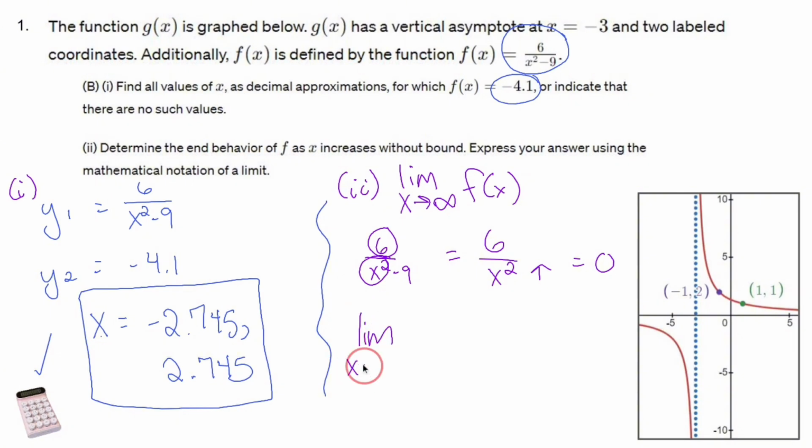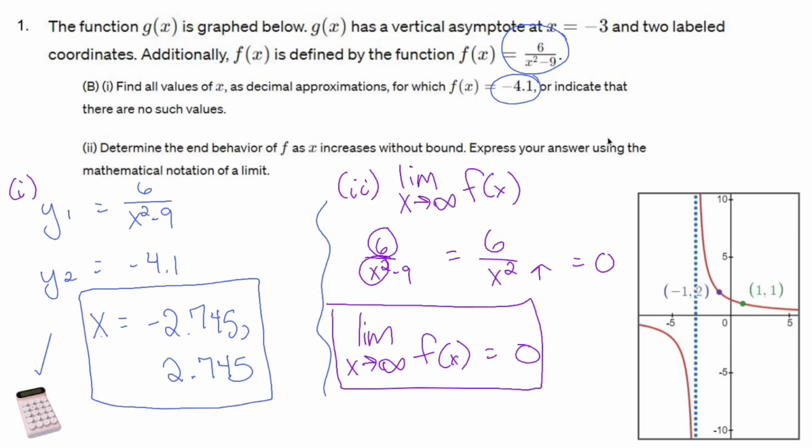I give up. The limit as x approaches infinity of f of x is going to equal 0. So that's how you find out the end behavior as f increases without bound and express it in limit notation. So there you go. Isn't that neat? Limits. All right.